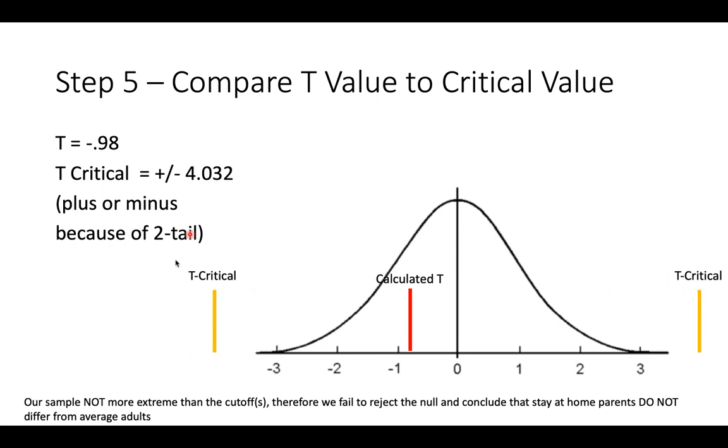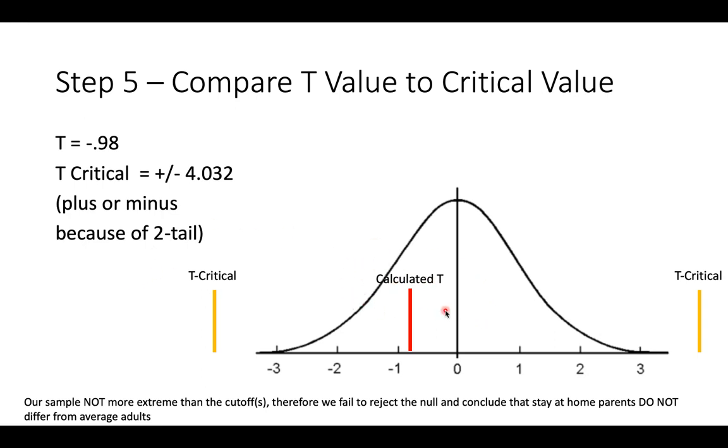Plus or minus 4.032. Our calculated t, the t we derived from our sample, is negative 0.98. We're right here. So our calculated t did not cross over either of our thresholds. We are not more extreme.